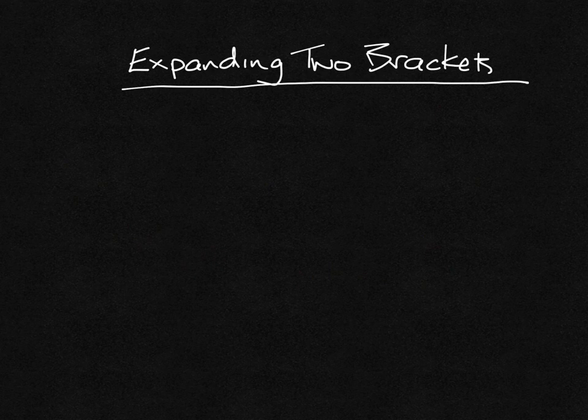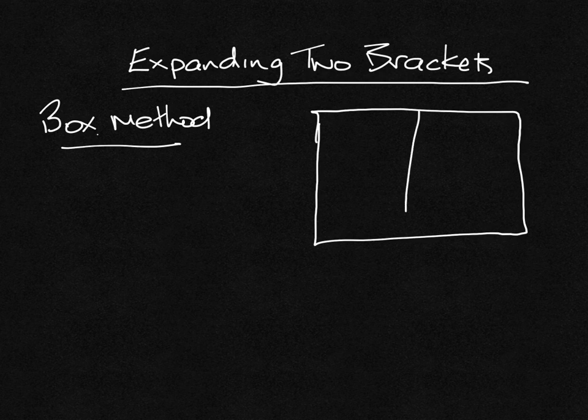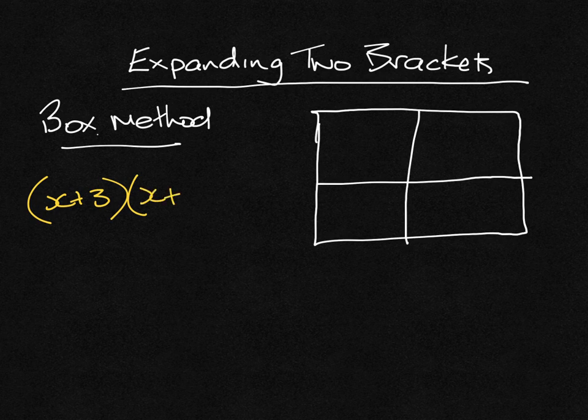Now the second of the two methods is the box method to expanding. Here we have a box, and you make it big enough that you can write in it. If we have our two terms, we'll just use the same question, x plus 3, x plus 4.